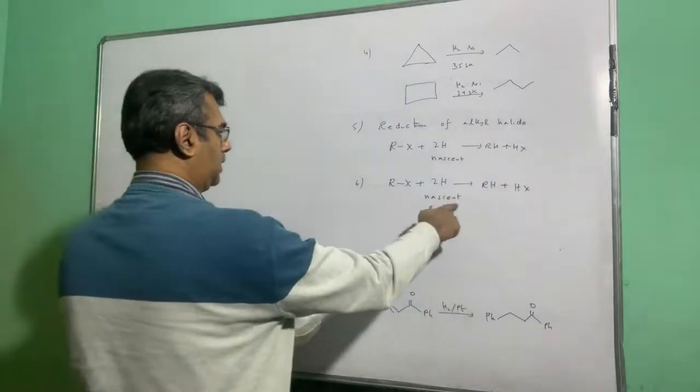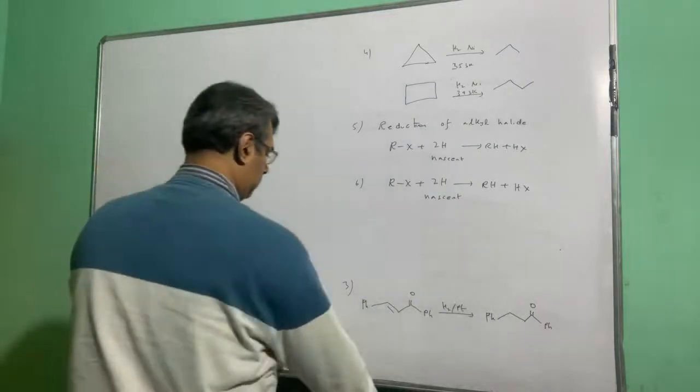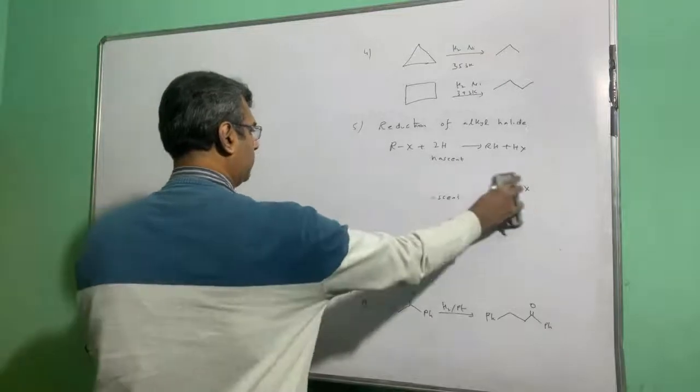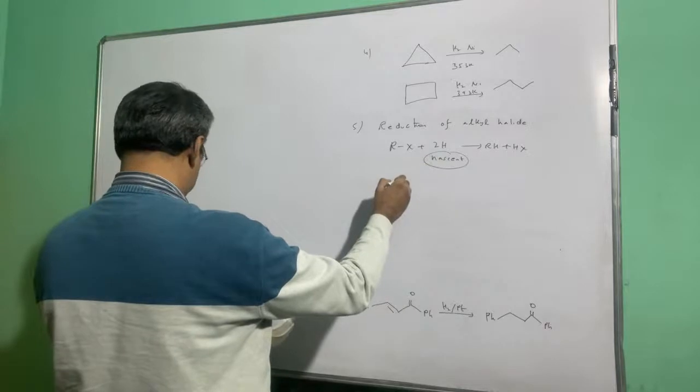So alkyl halide plus nascent hydrogen gives alkane plus HX. So this nascent hydrogen, how do you get it?